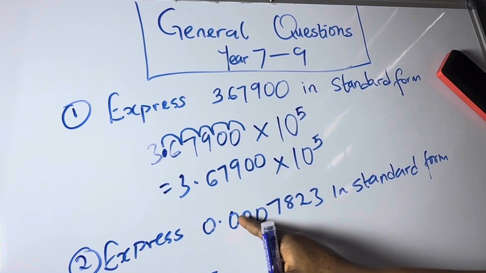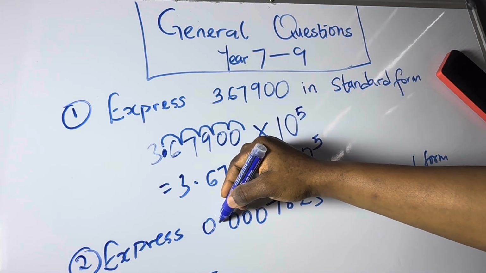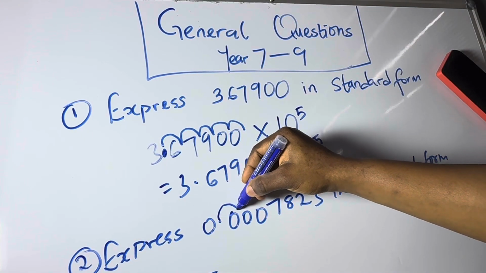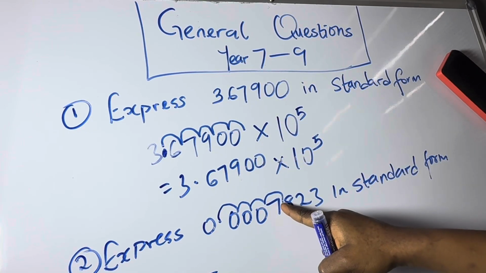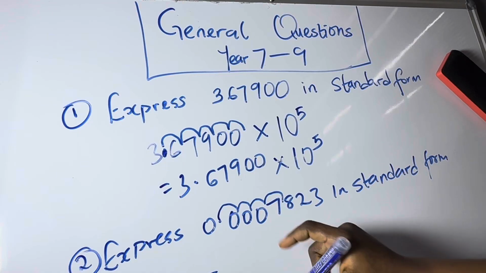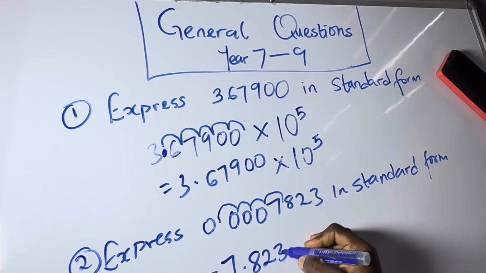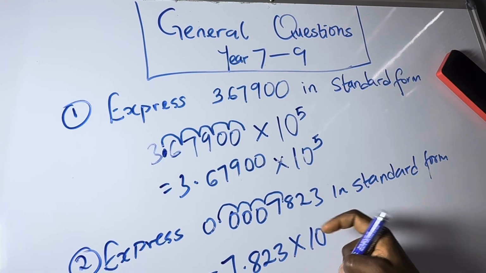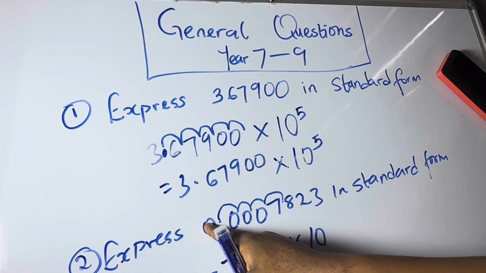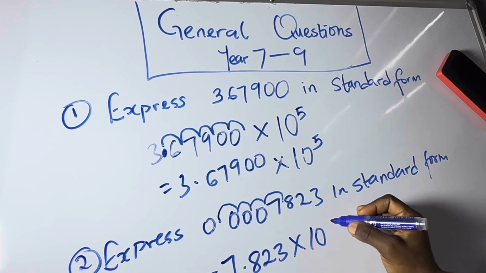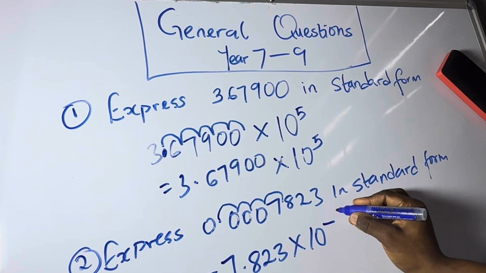Now, this is 1, 2, 3, 4. So I'm going to be moving this decimal point 4 times. So that means 1, 2, 3, 4. Now it ends at 7. So that means the answer is 7.823 multiplied by 10 raised to the power of negative. Negative because any number that is less than 1 has a negative power, which is 1, 2, 3, 4. We have negative 4.